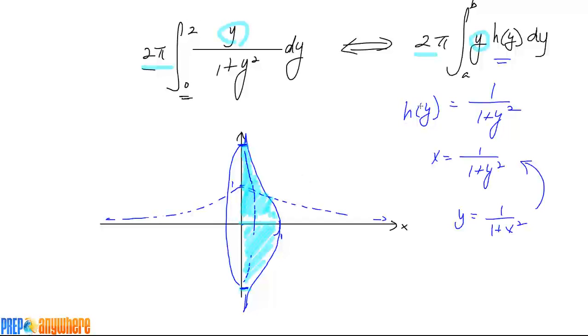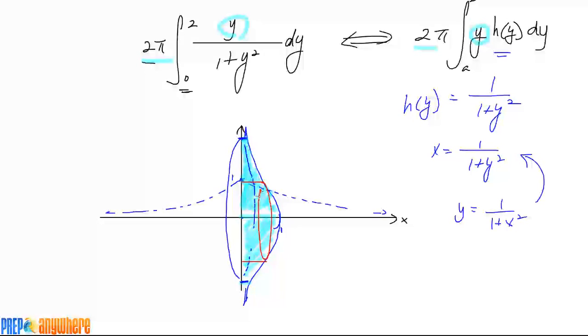A typical cylinder, if I were to draw a typical cylinder here, will look like this. Where that right there is the radius, and radius is just the y, and this right here is the x, right? It's the x of this function. So that's why we're using that as our height as a function of y.